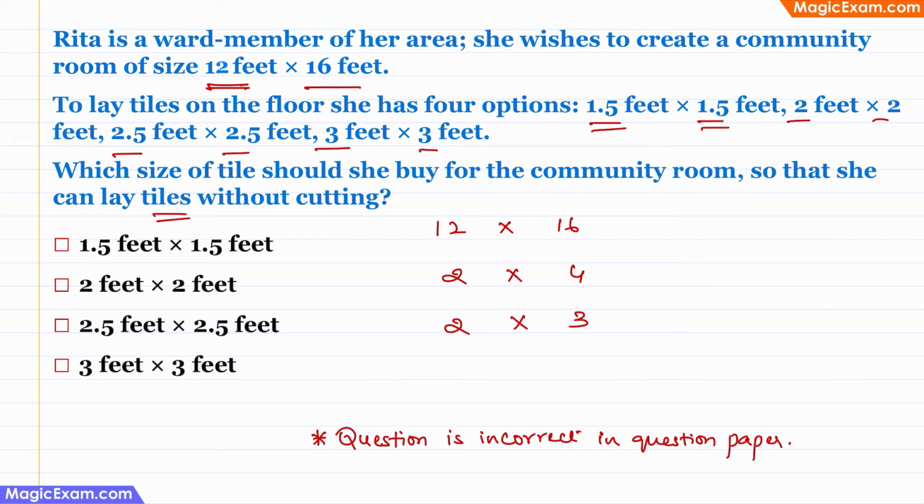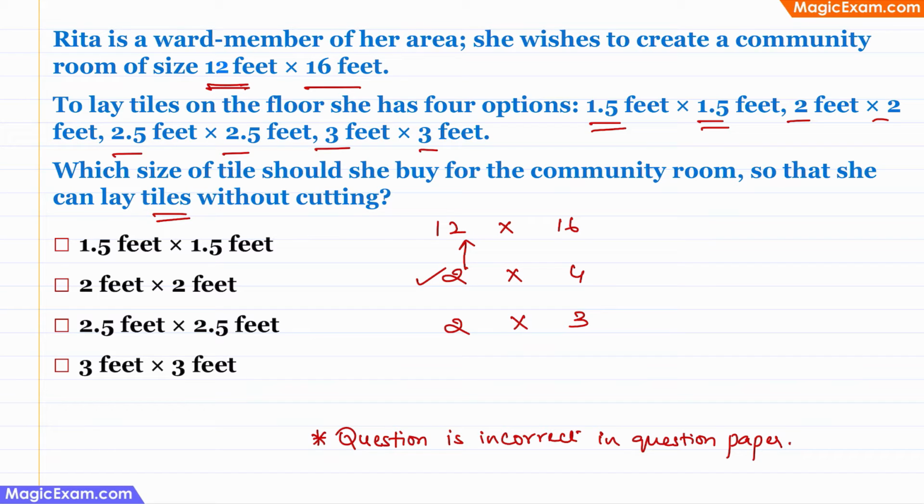Now, if we were to see which of these tiles can be used to lay the flooring without cutting any tile, so what we have to do is divide the length of the room or the breadth of the room with the dimensions of the tile. For example, I tried dividing 12 with 2, and I know that it will divide without any decimal point, without any remainder. So no cutting required.